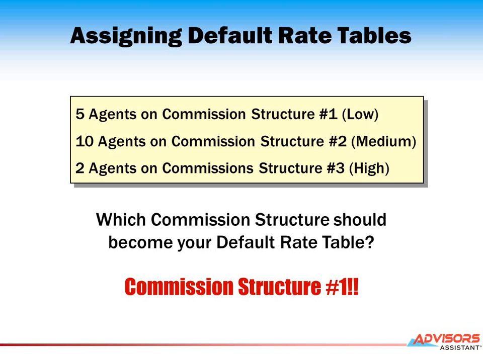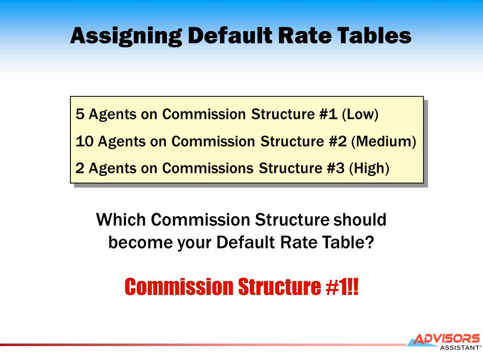What happens when a new agent comes on board and they're supposed to be paid the low structure and I forget to set up a custom table? If the default is number 2, the medium structure, the new agent is going to be overpaid because they're going to get the default commission. Now, is that new agent going to walk over to you and say, oh, excuse me, you paid me too much? Probably not. They're probably just going to take that check to the bank and cash it.